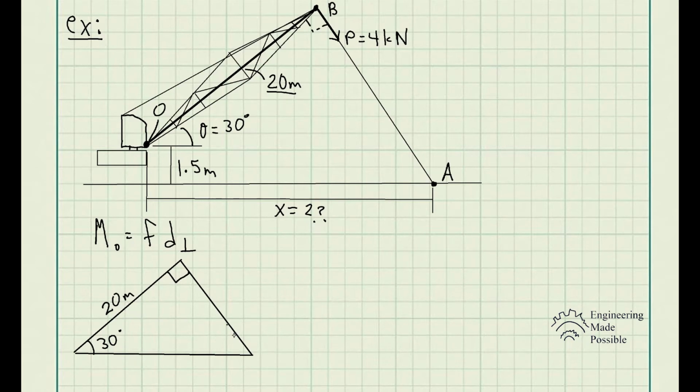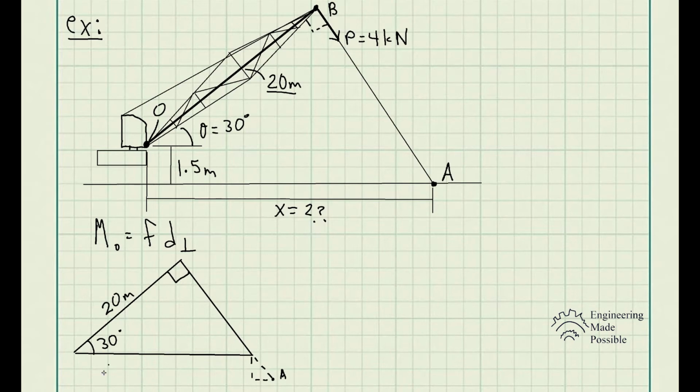So one thing to keep in mind is, look at this image of the crane. We see that the point O is about 1.5 meters above the floor, or where point A is. So realistically speaking, this continues on to point A here, and so we need to determine an additional amount of length.